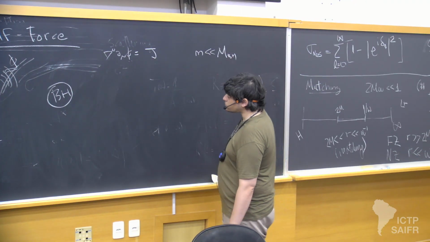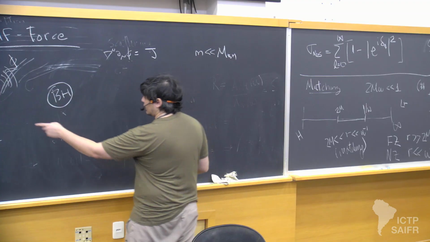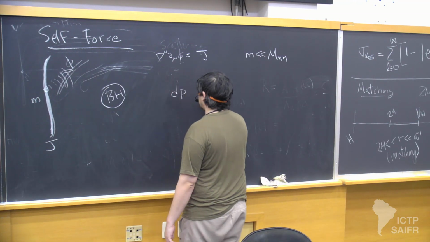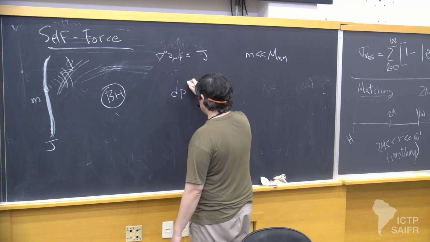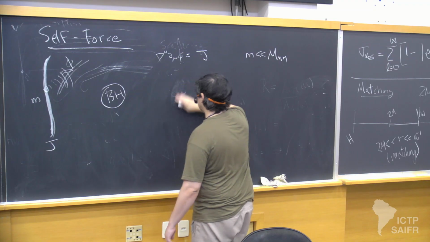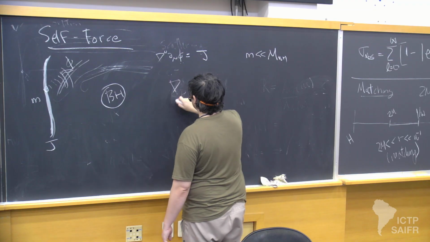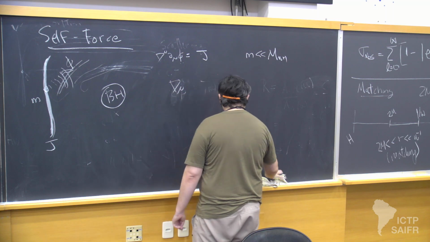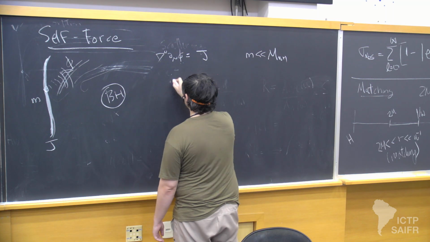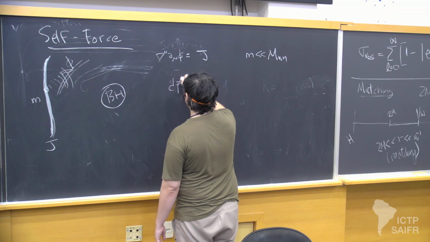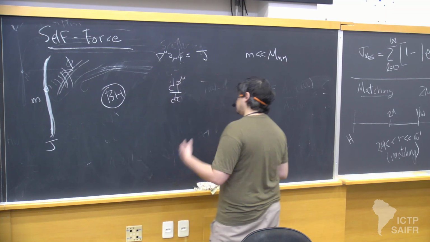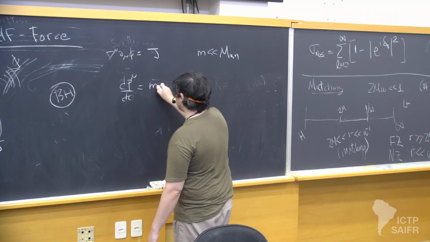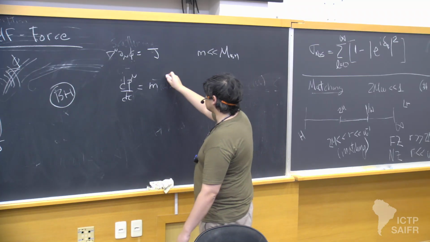And so at first order in m, there will be a correction to the geodesic equation. So this is 0 if it's a non-accelerating particle, but there will be a term here that's proportional to m, and that has to do with some force.